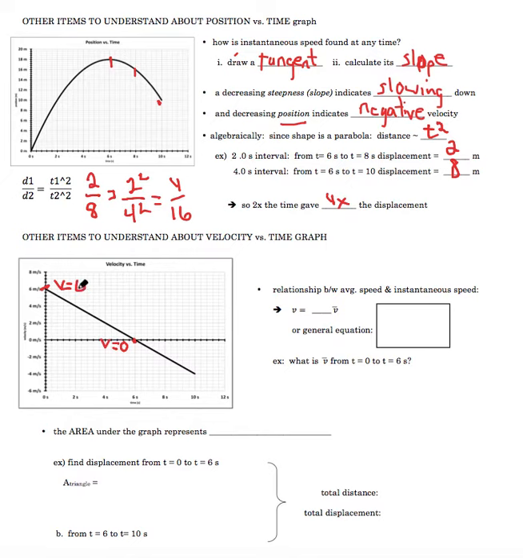We can ask ourselves, what's the average velocity during this interval? Well, we started at 6, we were at 5, 4, 3, 2, 1, 0. So we can say that the average velocity when we are changing speed is the initial plus the final divided by 2.